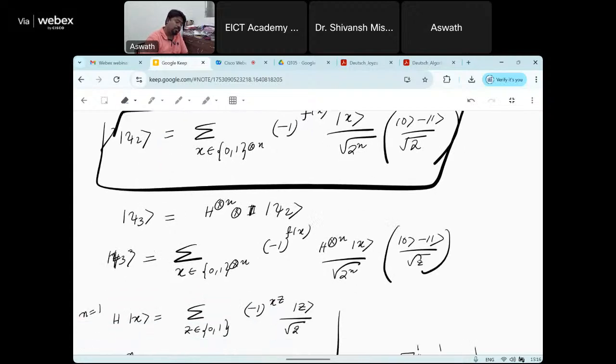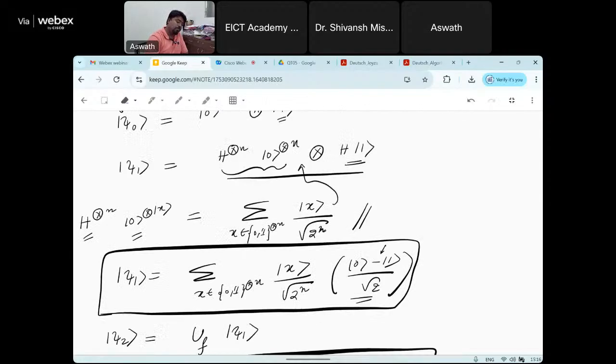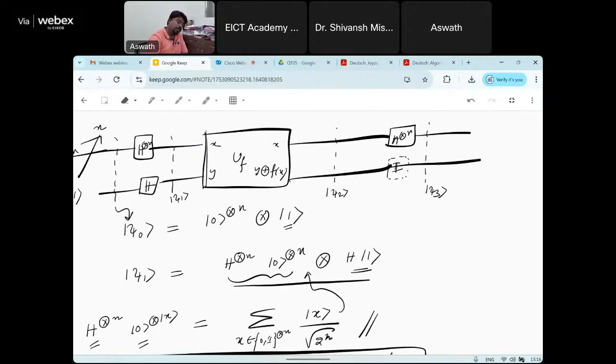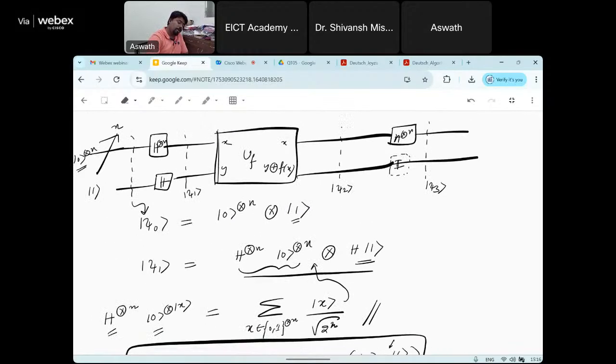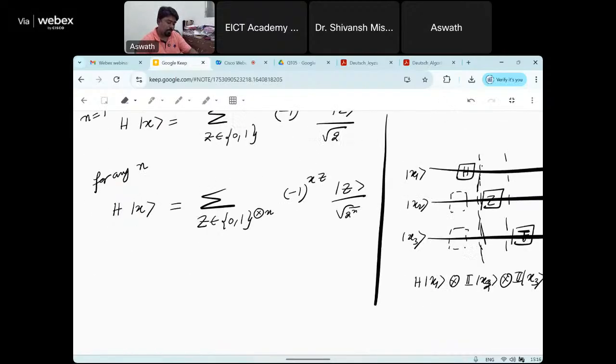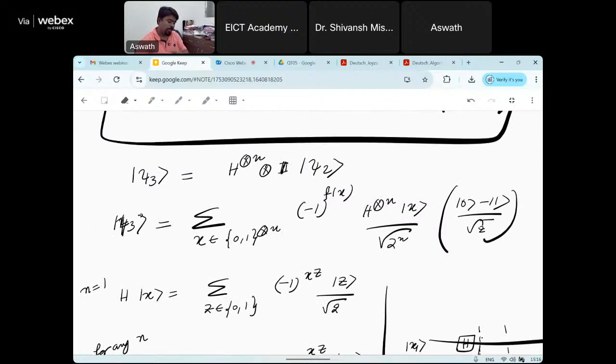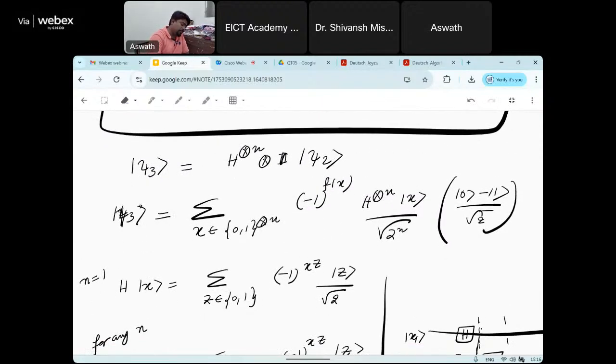Now knowing psi2, I want to find psi3. Psi3 is n Hadamards acting on the query part and identity acting on the ancilla part. You go back and see n Hadamards acting on the query part, and nothing acting, that is identity, on the ancilla part. So here it is, this equation.